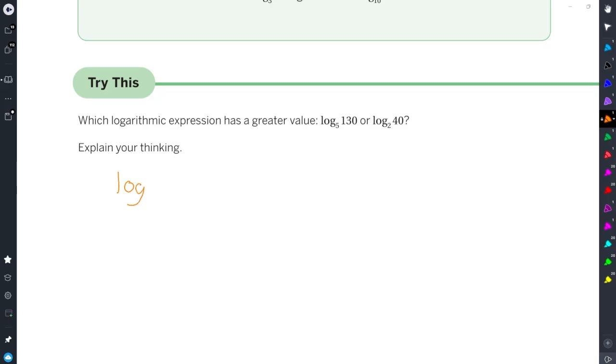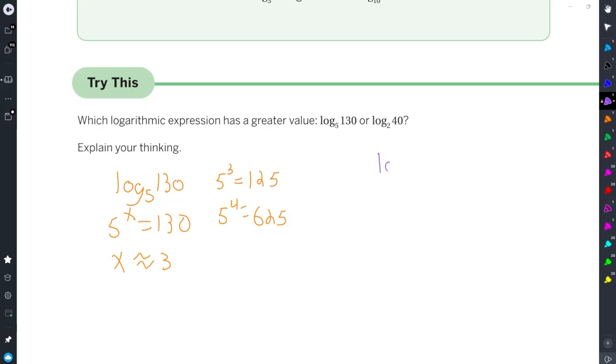Well, log base 5 of 130 means 5 raised to what power is 130? 5 to the third power is 125, and 5 to the fourth power is 625. So this is going to be a little bit over 3. We don't know how close it is to 3, but it's a little bit over 3, and less than 4.